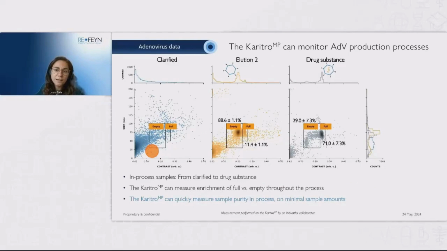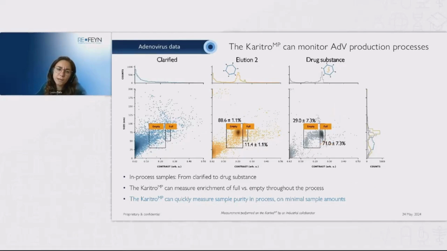You can detect the presence of empty and full capsid, but also a lot of other particles in other regions. In the elution 2, you can see about 89% of the empty capsids and about 11% of the full. And the drug substance shows about 71% of the full and 29% of empty.